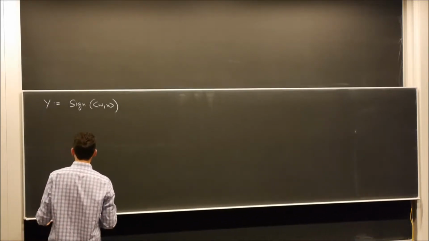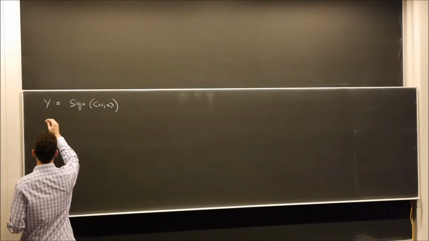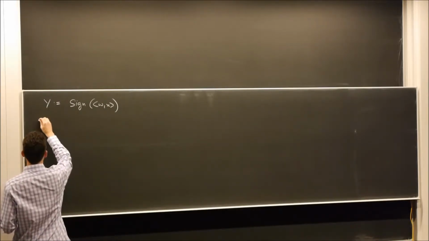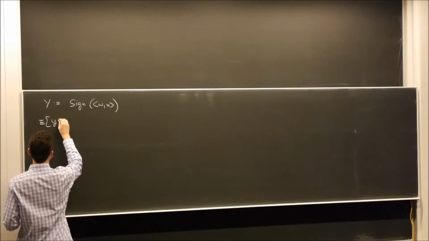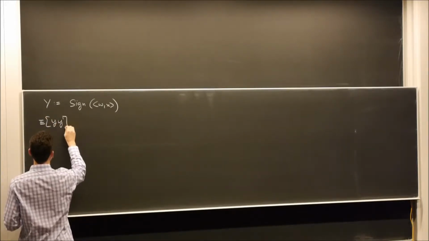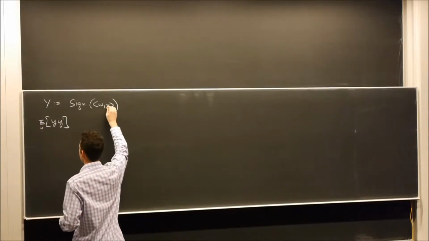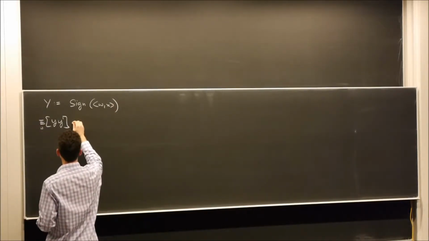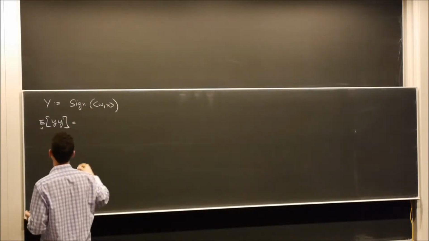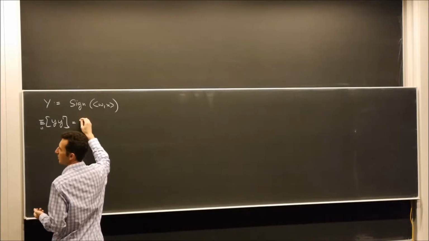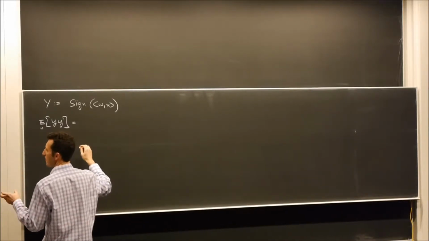Now what we have is that the expected value of y prime, this implicitly depends on x, is, of course, nothing else than, well, here we have basically what are the chances that this is 1.